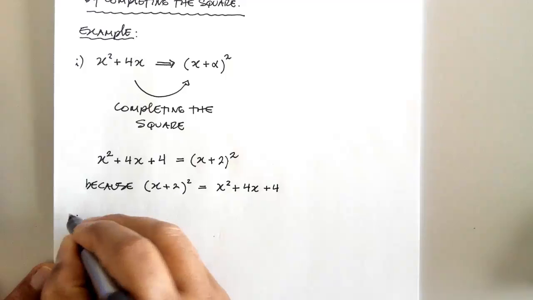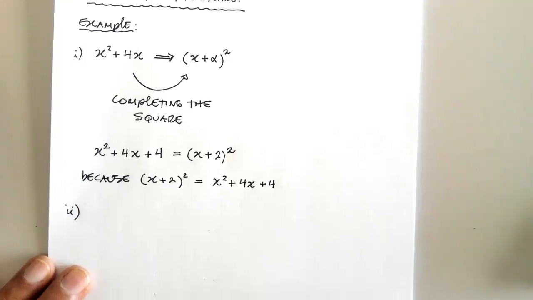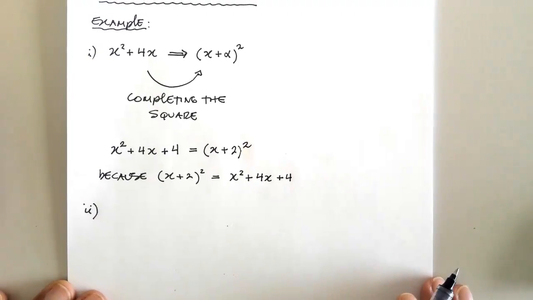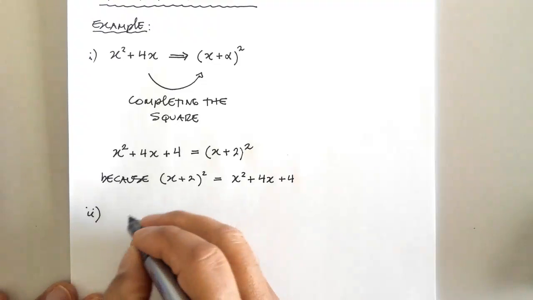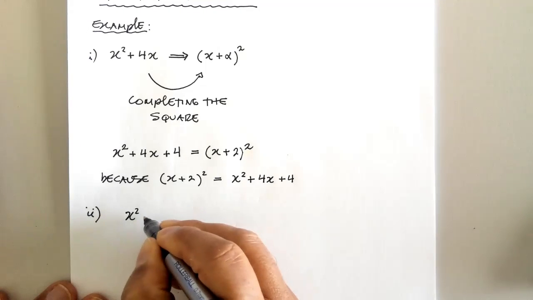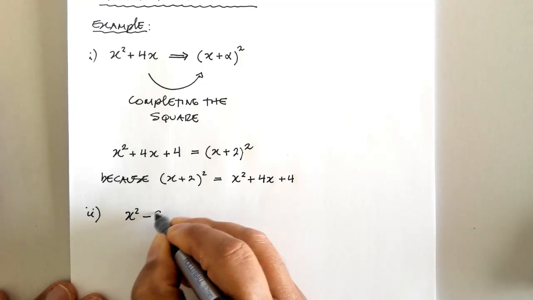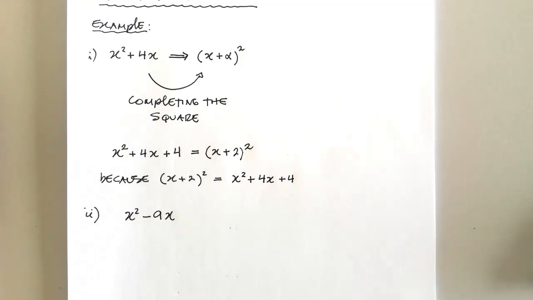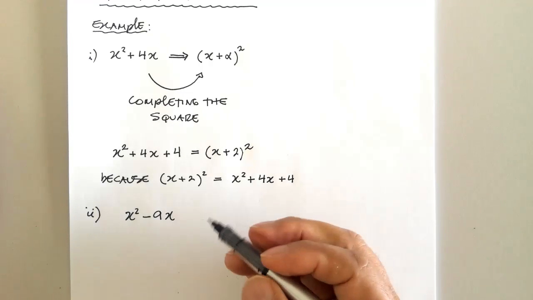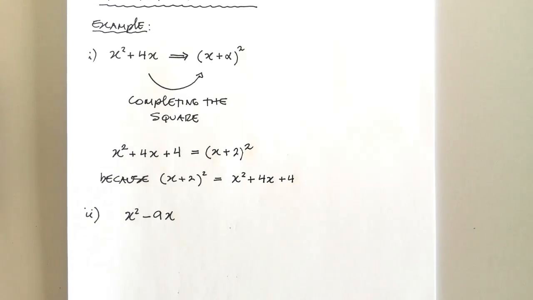Example 2. Let's say that you have something like x squared minus 9x, and you really want to complete this square. We're going to do what we did before, using the same technique.